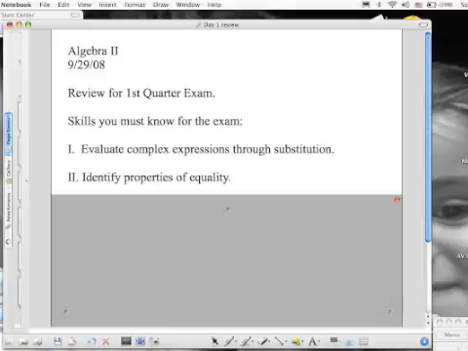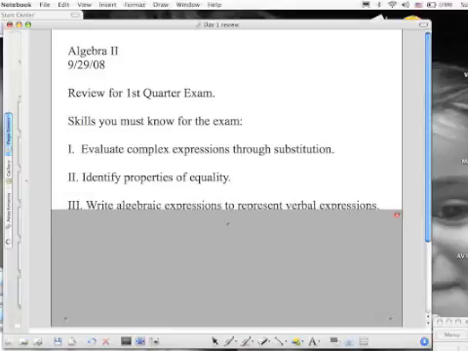Properties such as the addition property of equality, substitution property, distributive property, those types of things. So you need to go back in your notes and go over all of those properties and familiarize yourself with them. You'll be asked to write algebraic expressions to represent verbal expressions. That's the beginnings of word problems.